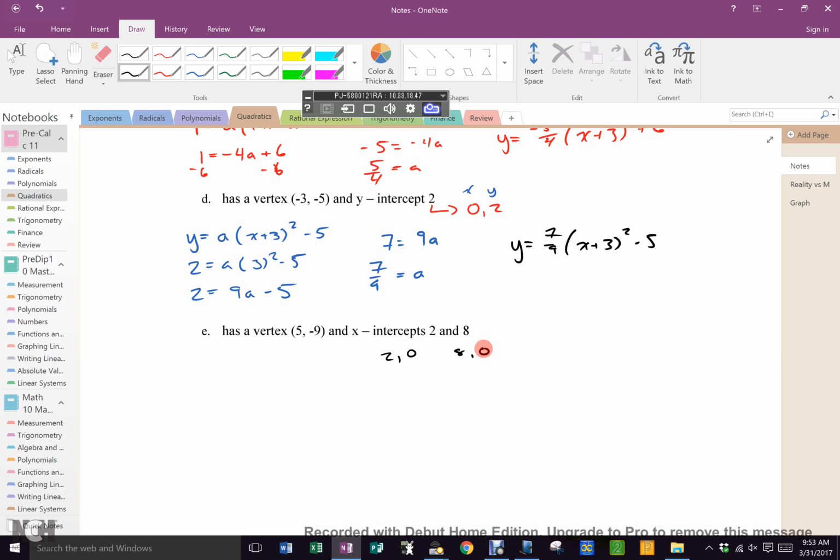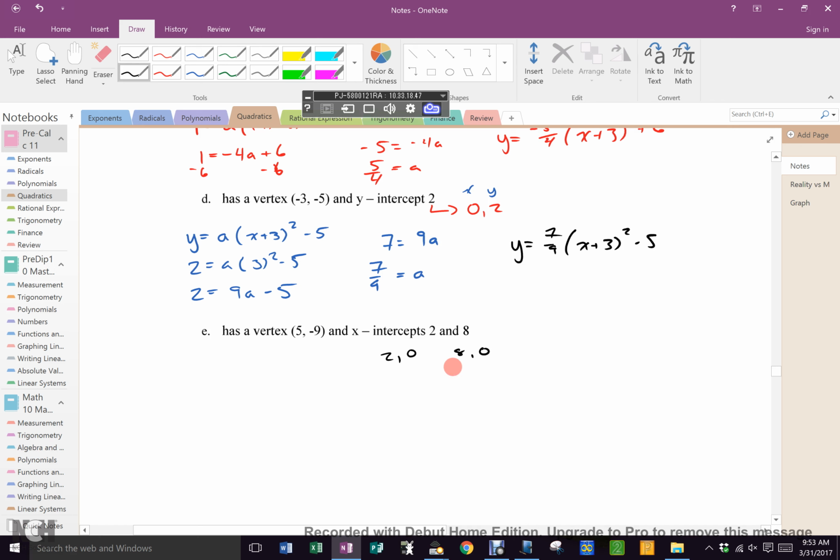So, could I use substitution? I could. I could also use my head, can't I? Because 5 is right in the middle of this, isn't it? And it's 9 down, isn't it?